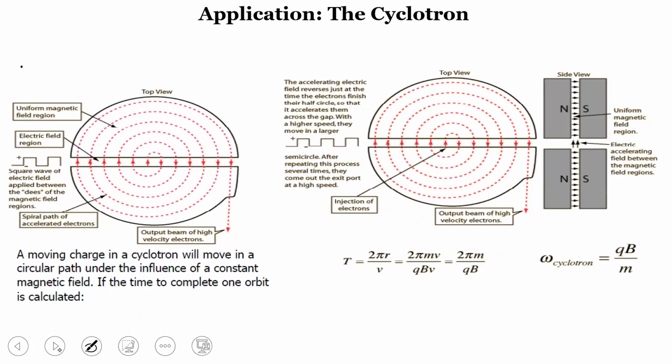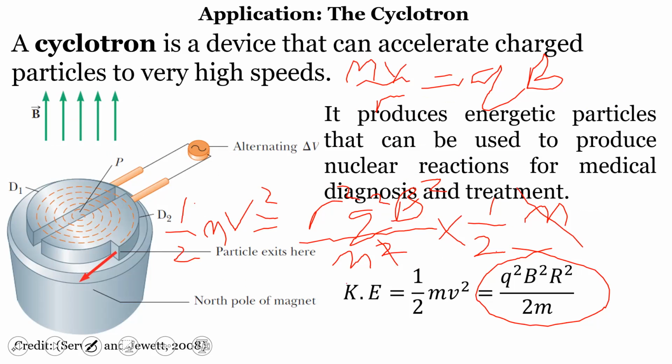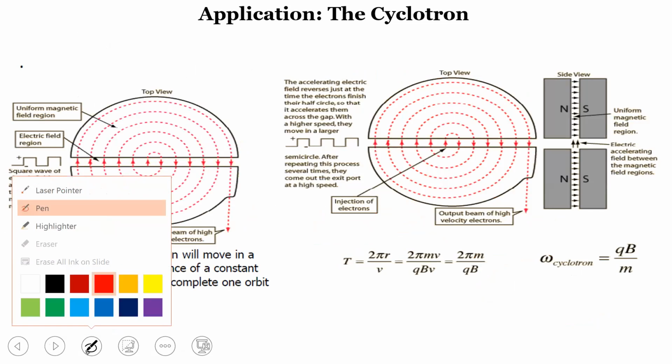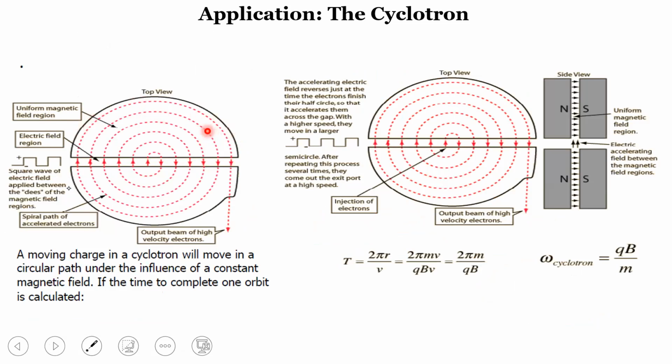Okay, so this slide tries to explain what I tried talking about here, which is we have a uniform magnetic field in this region, this semicircular disk, let's call it D1, and also a uniform magnetic field in D2.